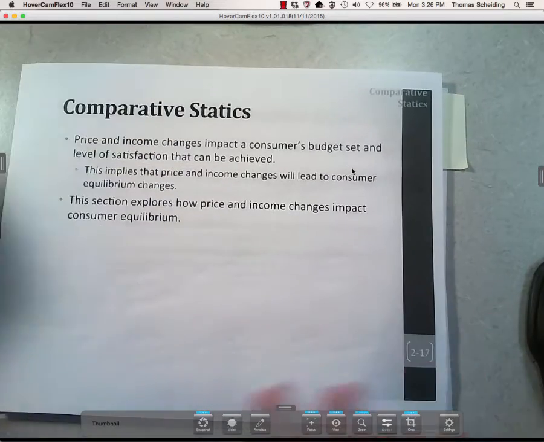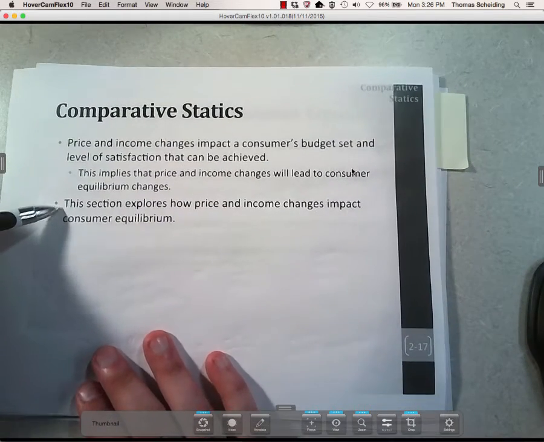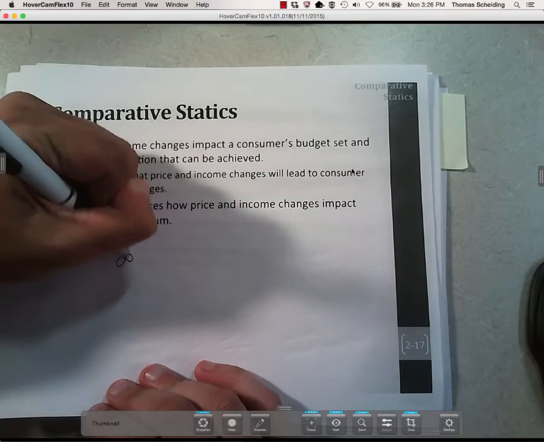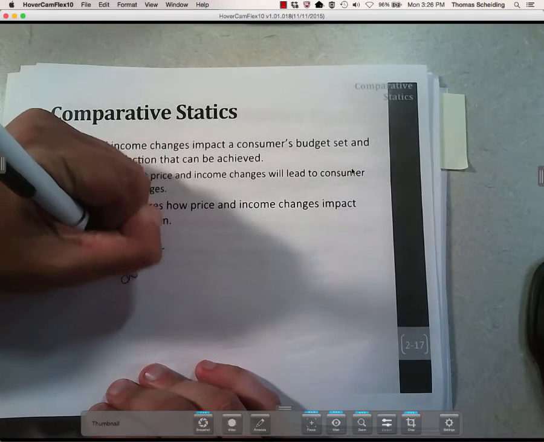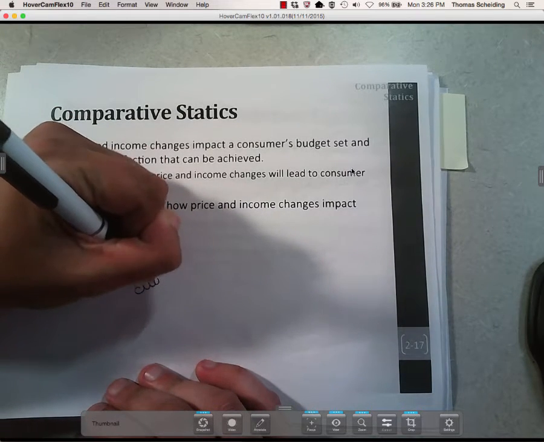And then what we need to look at is how what a person buys changes based on how the price changes and the income changes. In other words, we want to start to derive the demand curve.